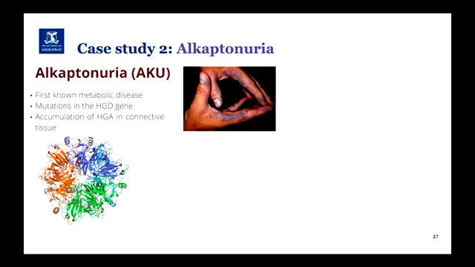And the second case study, which also started in Cambridge, was in a specific metabolic disease called alkaptonuria. It's a very rare disease, and actually the first ever described metabolic disease. It was described back in 1902, and it occurs because of mutations in a gene called HGD, homogentisate dioxygenase, which is on the pathway of tyrosine metabolism.